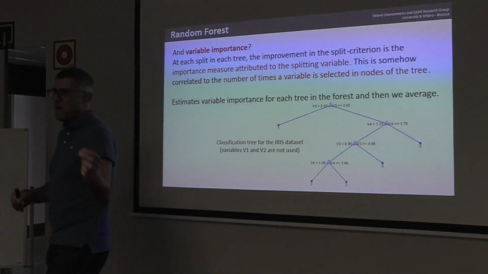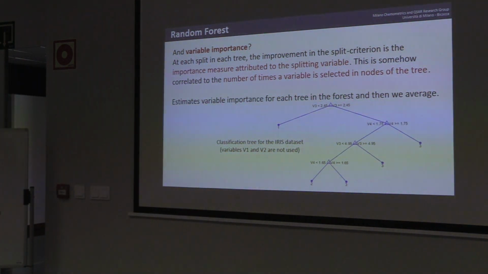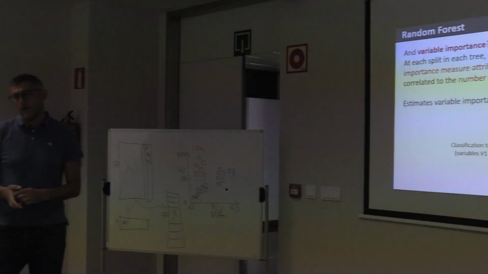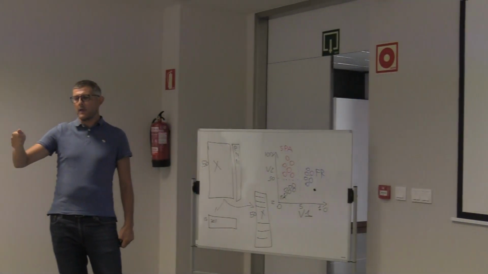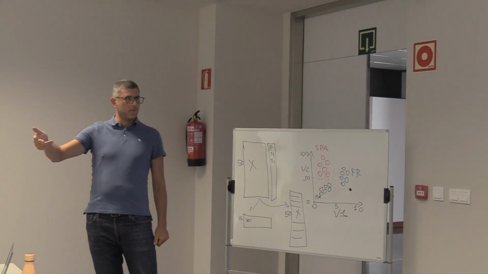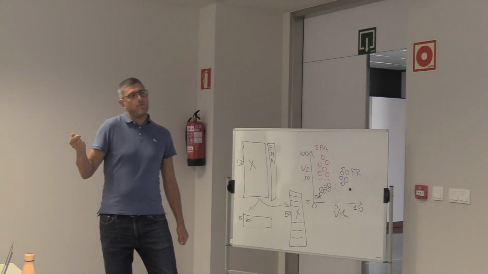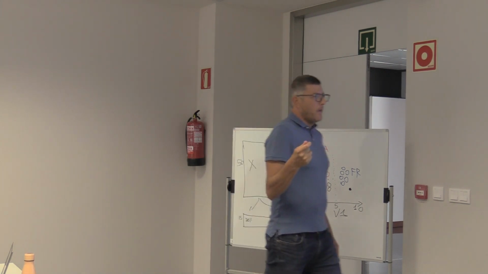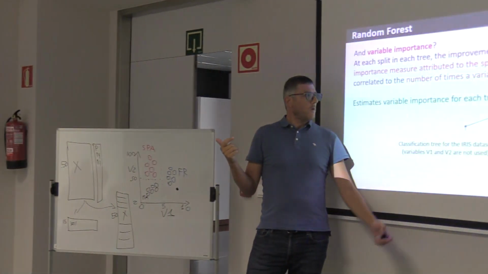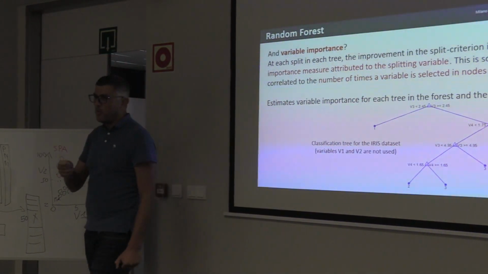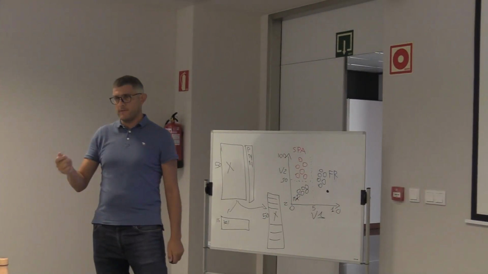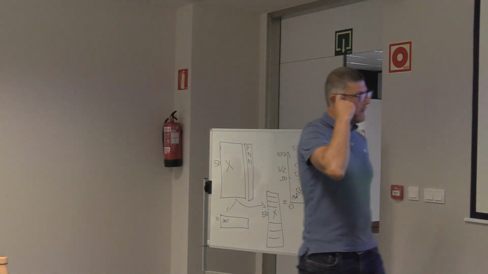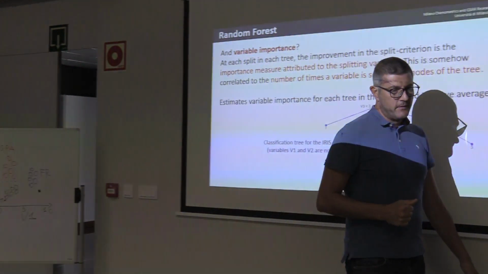So I can count how many times variables appear in the trees of my forest, and that's more or less the importance I have, okay? And I can give a score, an importance to my variables. Okay, so I have this information, which can be important if you want to interpret your data set, to understand which are the most important variables for class separation.